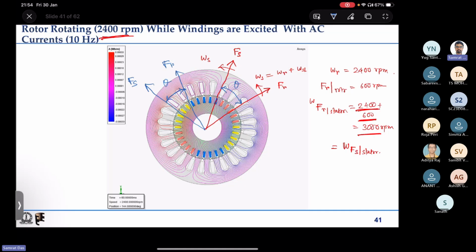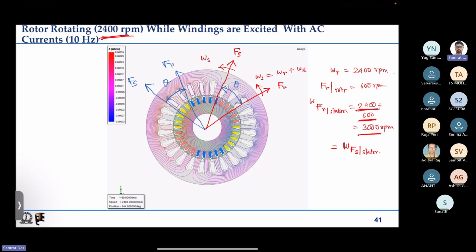That satisfies our criteria for continuous torque production: we need two magnetic fields, and their relative speed with respect to each other has to be 0, so that there is some angular displacement.